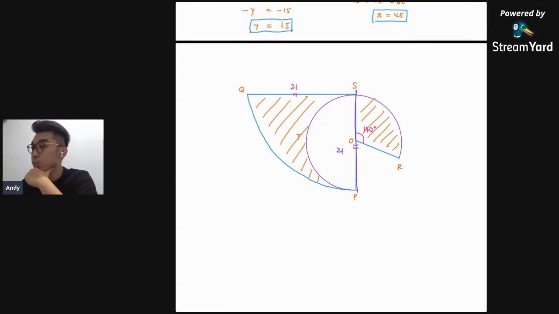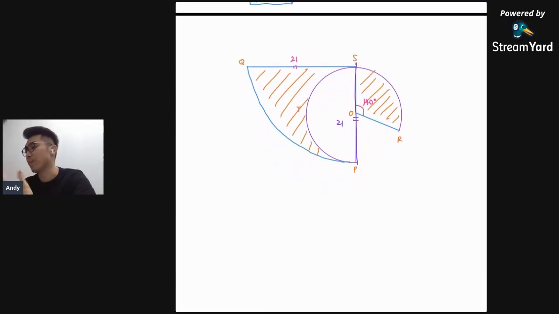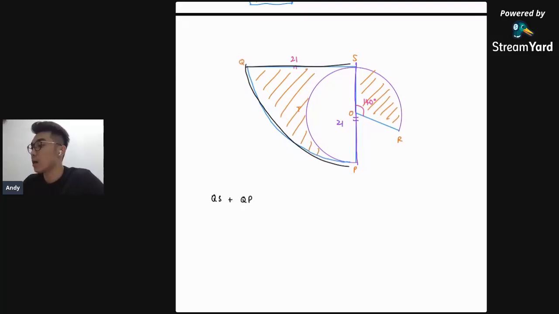So to find the perimeter, we do one by one. We need QS plus QP. QS is given. QP is the arc, plus PO plus OR plus RS, correct?